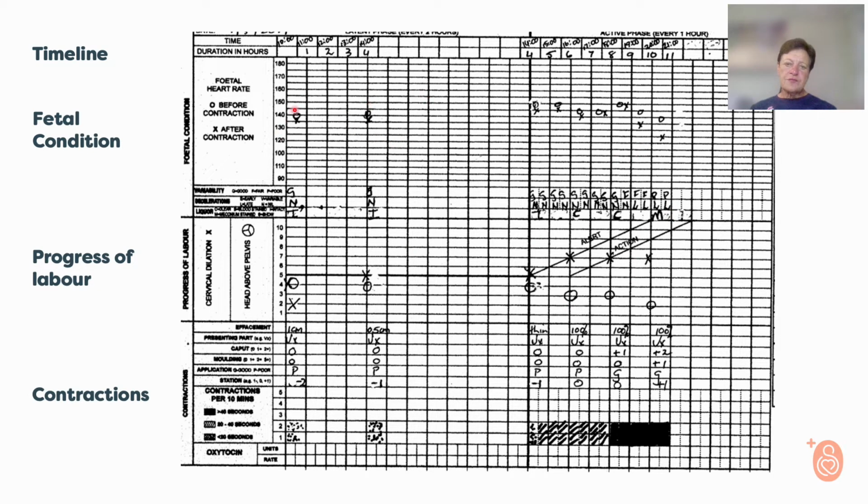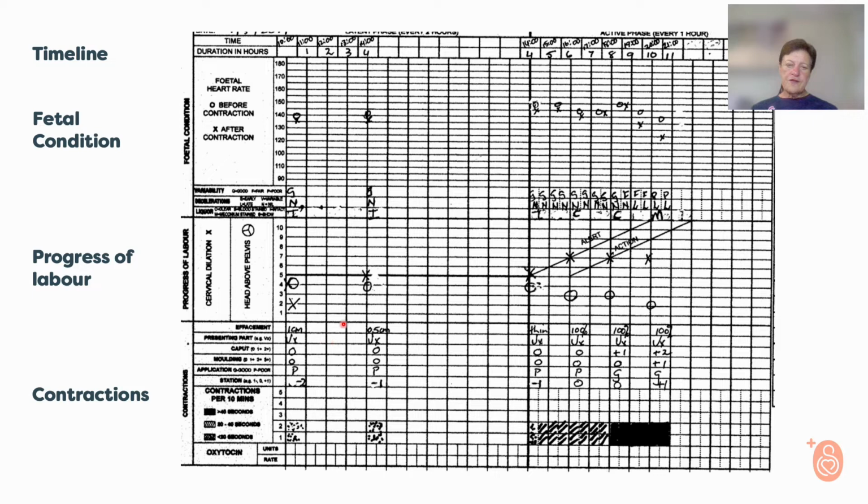The fetal observations are recorded here, 4 hourly during the latent phase, half hourly during the active phase, and the other observations regarding the fetal condition, the membranes, the variability, etc. And here is the progress of labor, the cervical dilatation and engagement of the fetal head have been recorded here. We can see that there's prolonged labor.